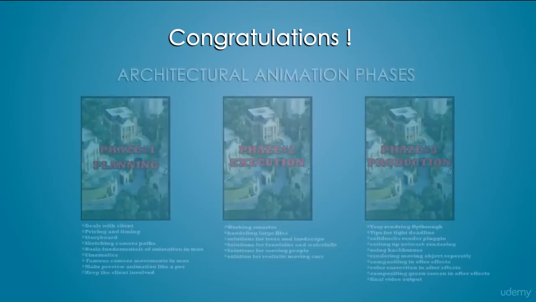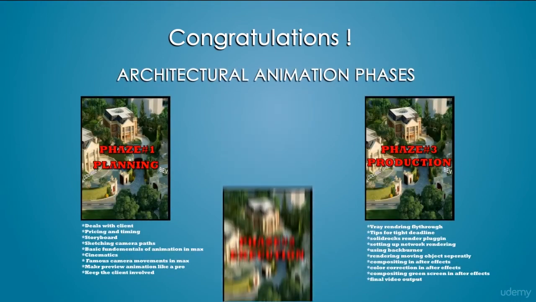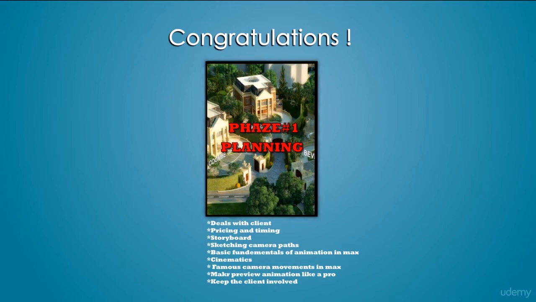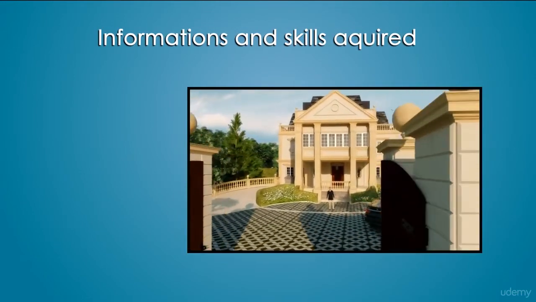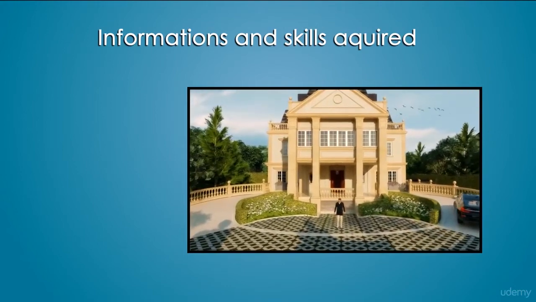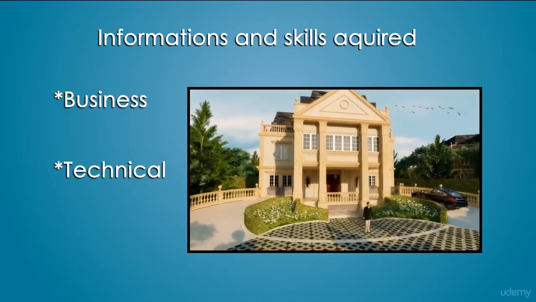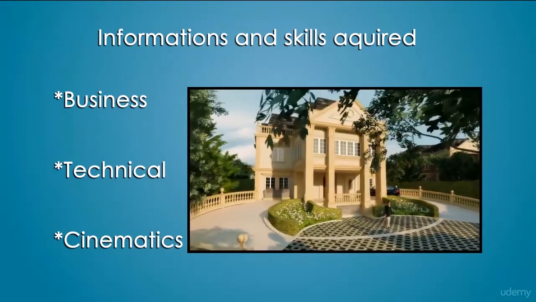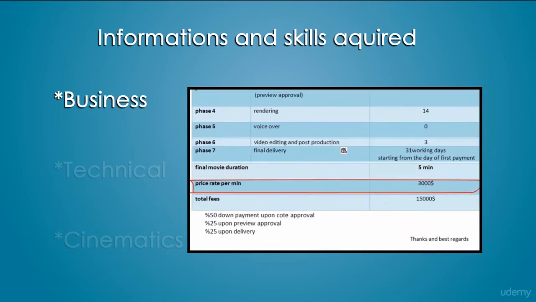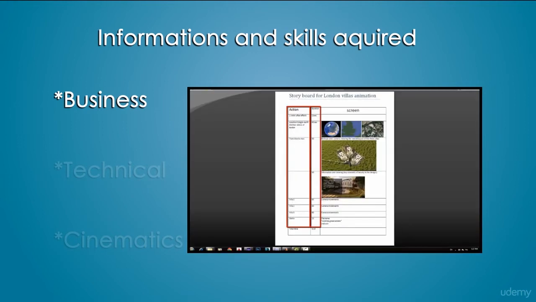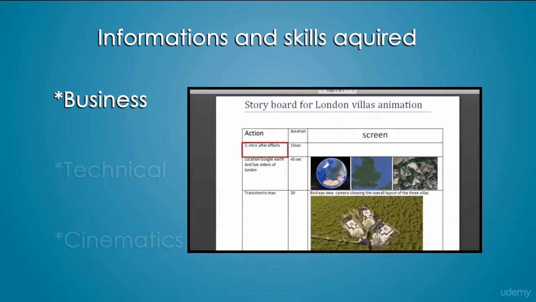Congratulations! You have now completed Phase 1 in the Architectural Animation course. You now have the information and skills in 3 areas of the process: business, technical, and cinematics. On the business parts, you learned how to communicate with clients and make the deals, as well as planning your workflow and having a storyboard as a guideline.